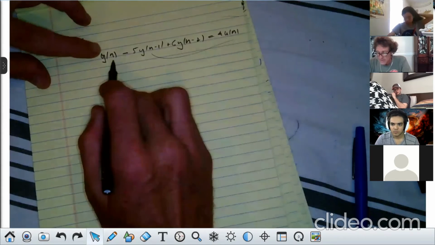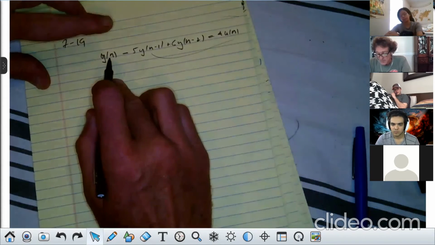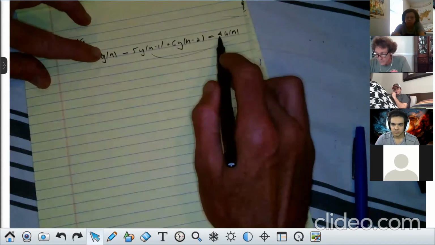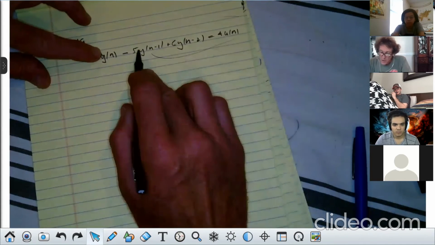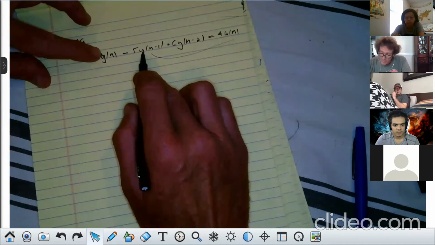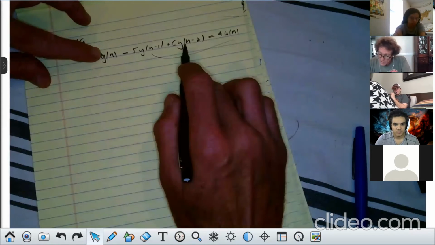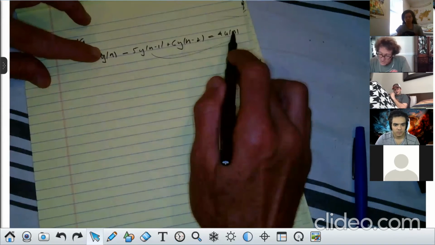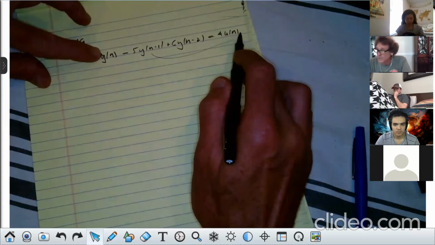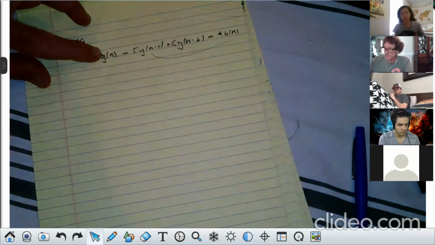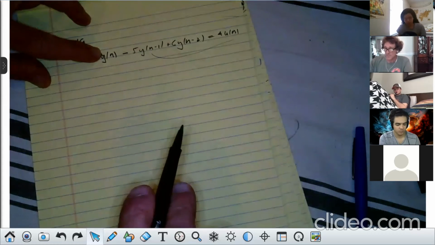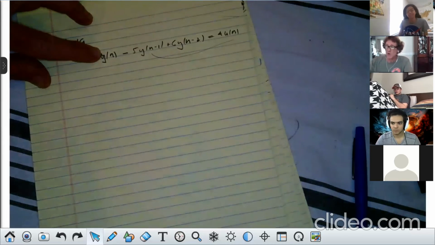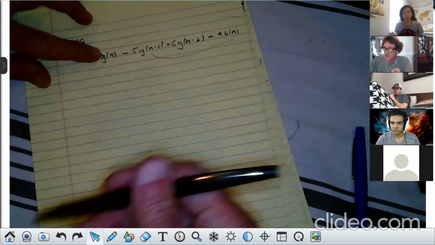Now you increase n to 1, and y of 1 would be equal to 4 plus 5 times y of 0, which was 4, or 20, plus 0 for the last term. So it would be 4 plus 20, or 24. You could do it that way, recursively. That's a pain. A computer can do it very quickly, but going through it longhand is a pain.